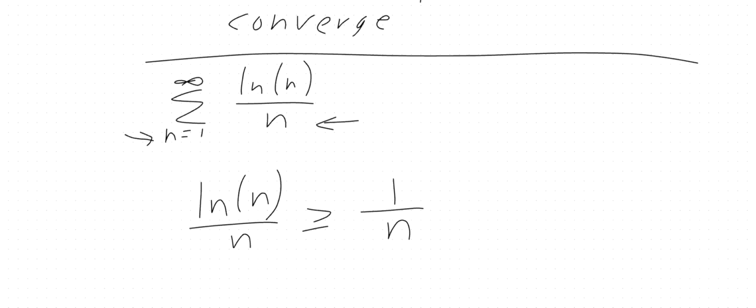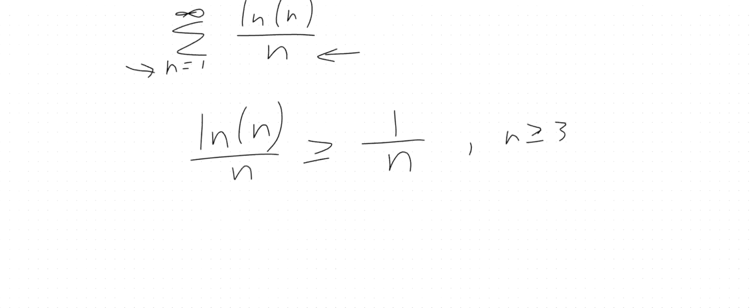However, this only works as long as our n is greater than or equal to 3. So we have a little bit of an issue with that, we're not starting from 1. But again, it was only for a finite few that we don't have this in there in the beginning, so therefore we can let that slide.